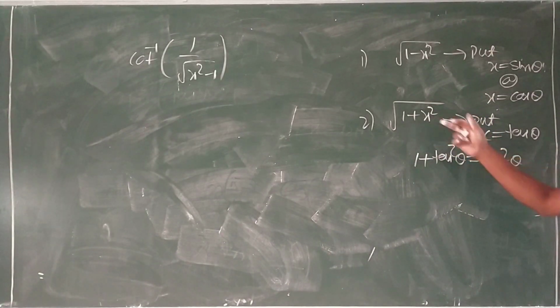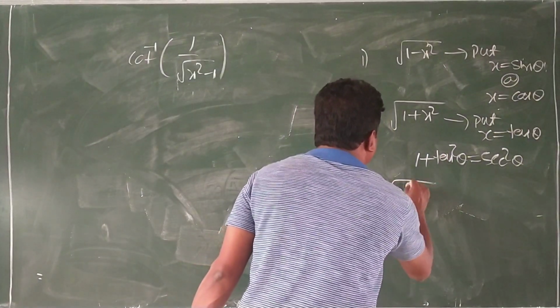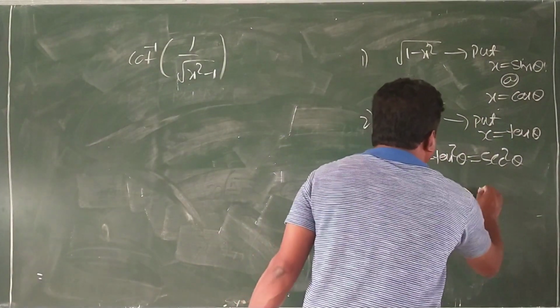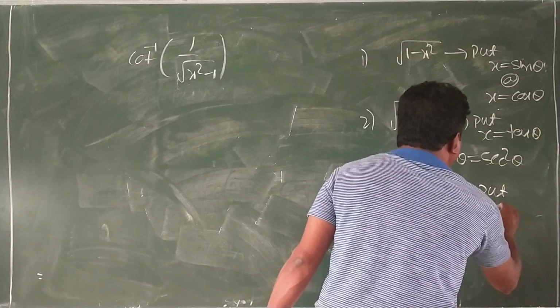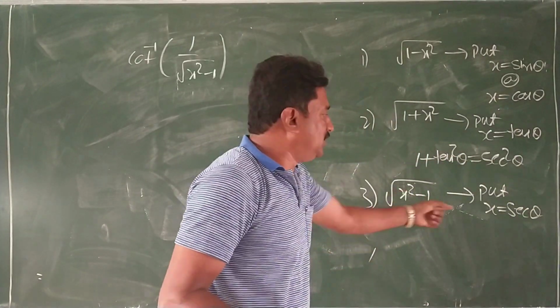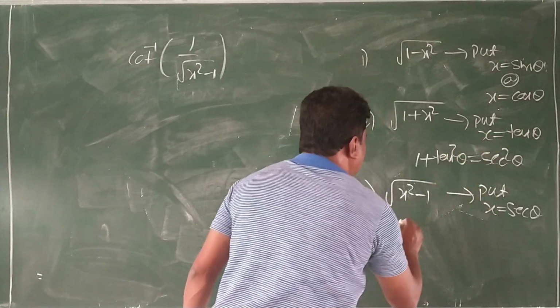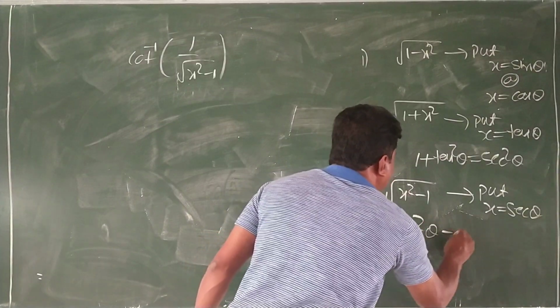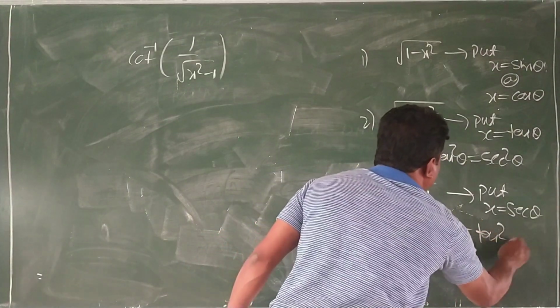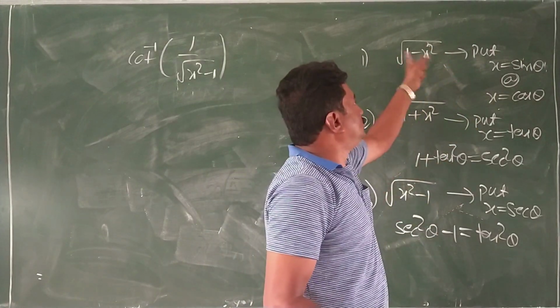One more, students: root of x square minus 1. For this, put x equal to secant theta, because secant square theta minus 1 is equal to tan square theta. Because of these formulas, we always use these substitutions.